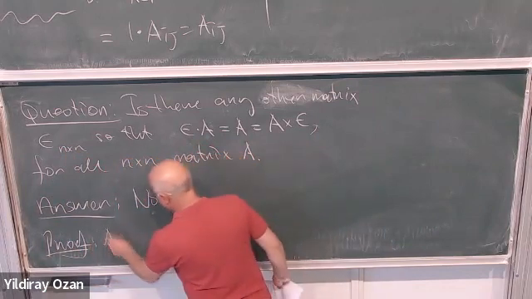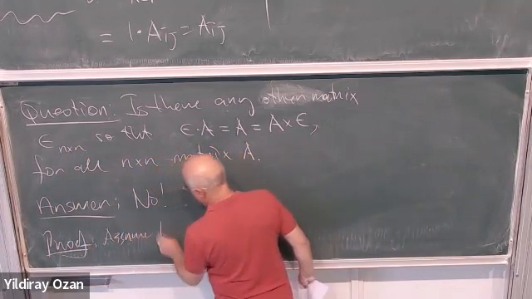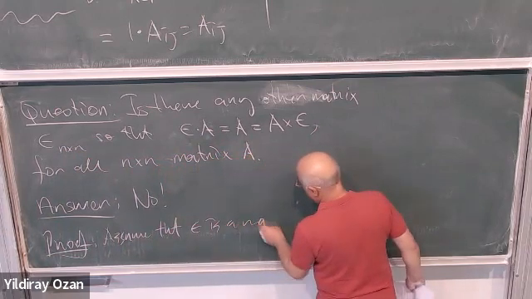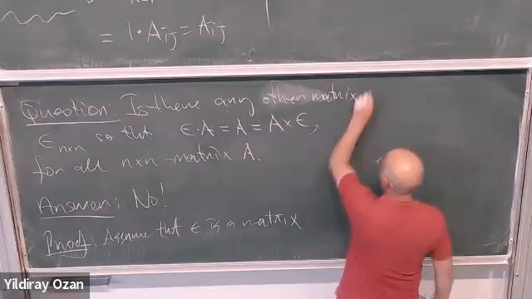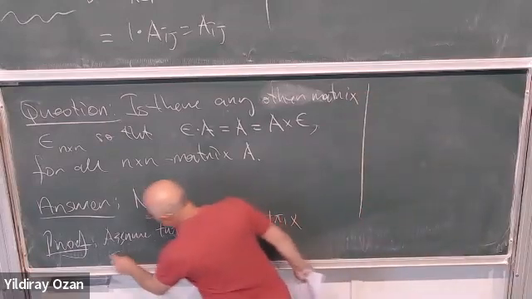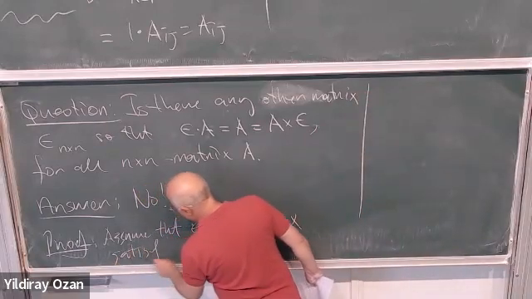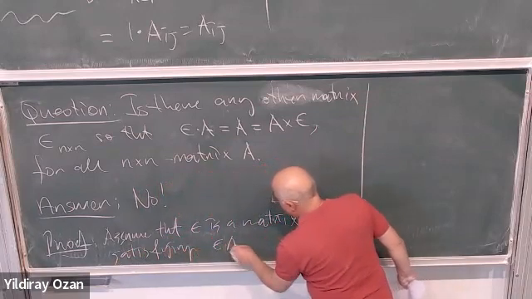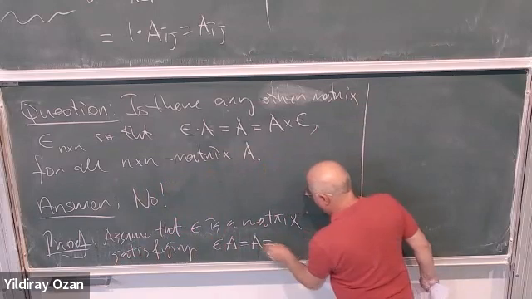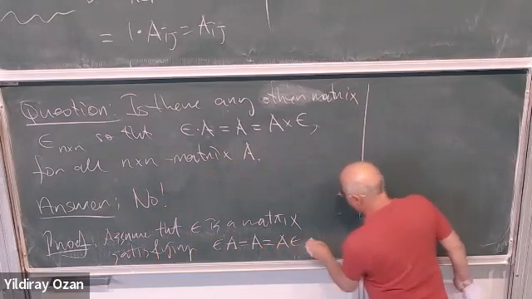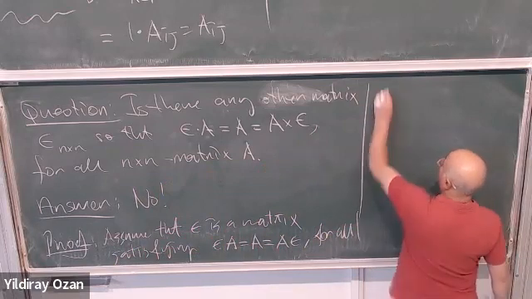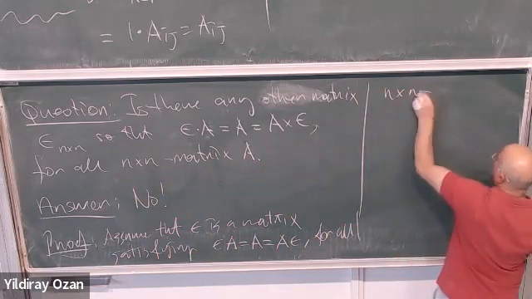So assume that epsilon is a matrix satisfying epsilon times A is equal to A, and that's equal to A times epsilon for all n by n matrices.